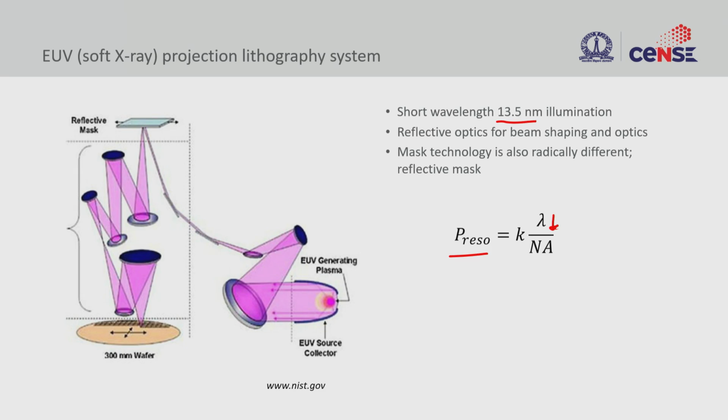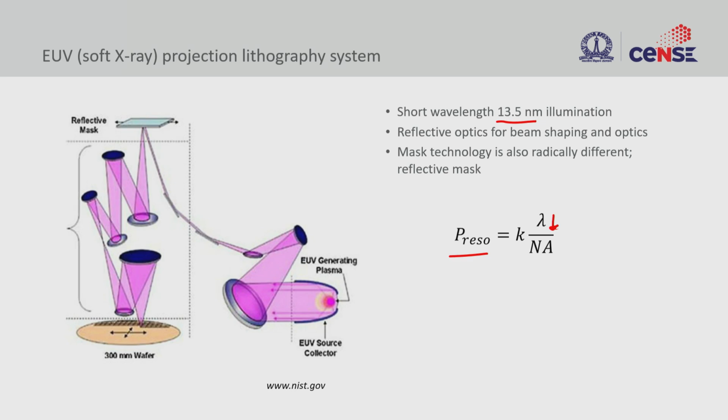Since we are reducing wavelengths, we all know when you go down in wavelengths, the materials become transparent, and X-ray is a good example. X-ray is on one end where you can see through most things. So you cannot use regular transmission lens optics. That is the reason why we use reflective optics.